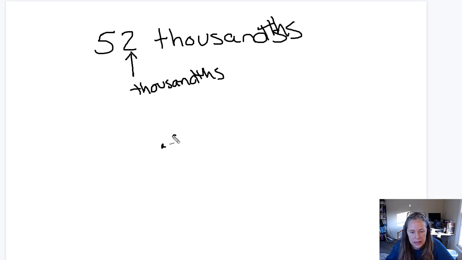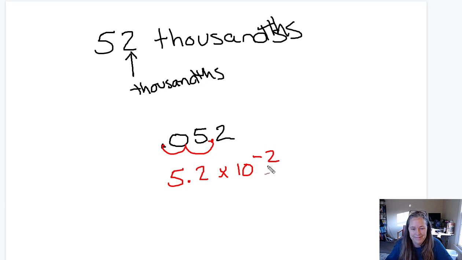So we've got tenths, hundredths, thousandths. So 52 thousandths is this number, and the decimal goes here. So we get 5.2 times 10 to the negative 2.